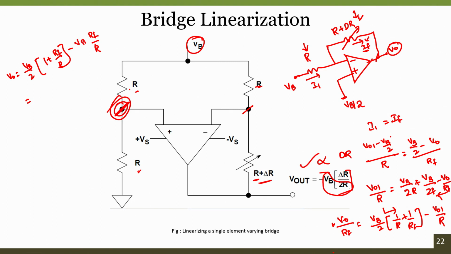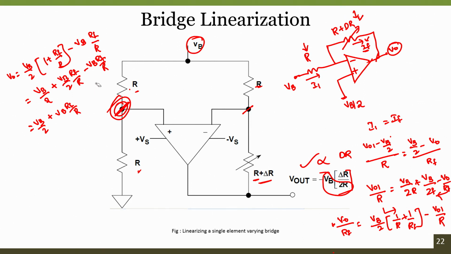Now taking Vb as common, Vb by 2 plus Vb by 2 into Rf by R minus Vb into Rf by R, which is equal to Vb by 2 plus Vb into Rf by R times (1 by 2 minus 1), which is minus 0.5.